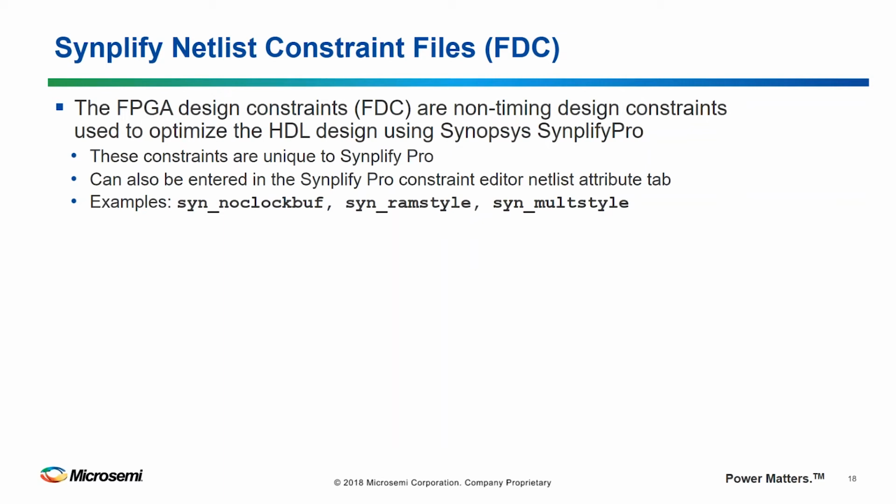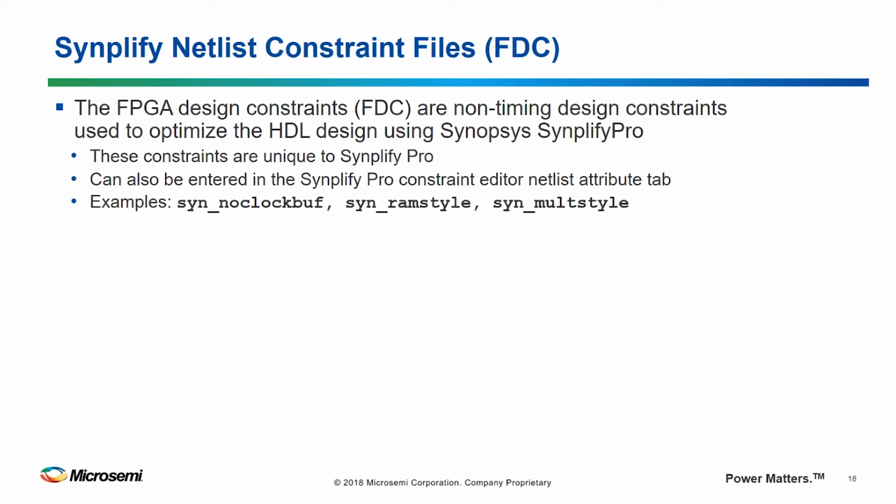So the Synplify Netlist constraint files, these FPGA design constraints, or FDCs, these are non-timing design constraints that are used to optimize the netlist in Synplify Pro. And some examples of the attributes that you can put in are things like syn_noclockbuf, which prevents Synplify Pro from assigning a net to a global net.